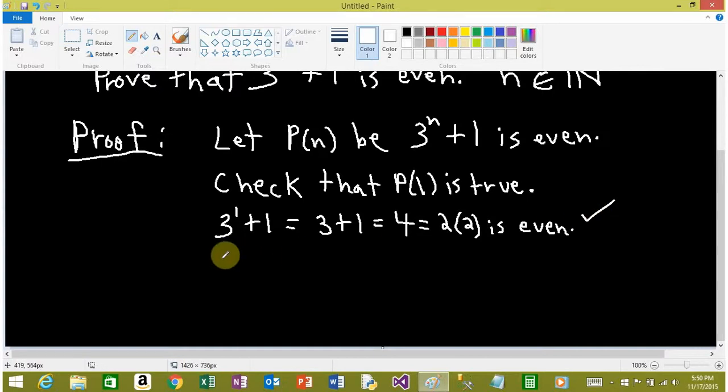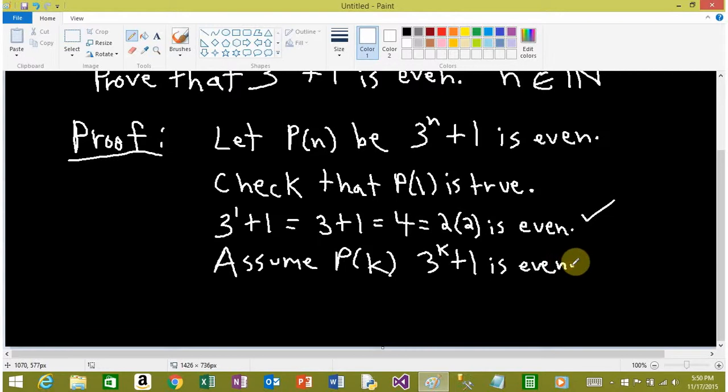And now we're going to assume P of k is true, and we're going to say that statement is 3 to the k plus 1 is even.